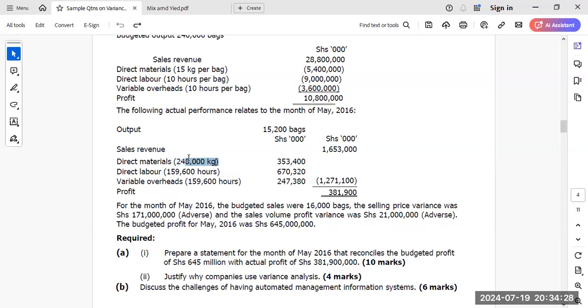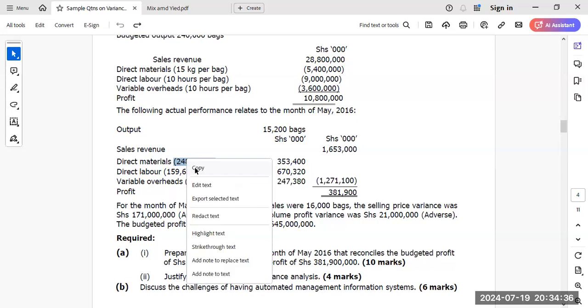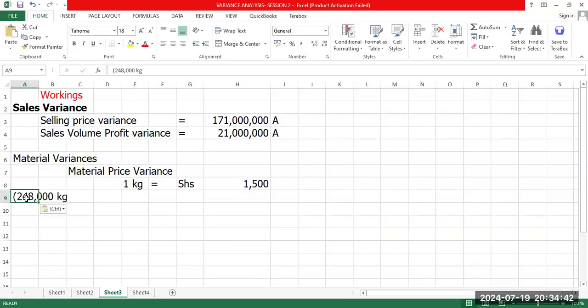So you will be asking yourself, these actual kgs would have cost how much?